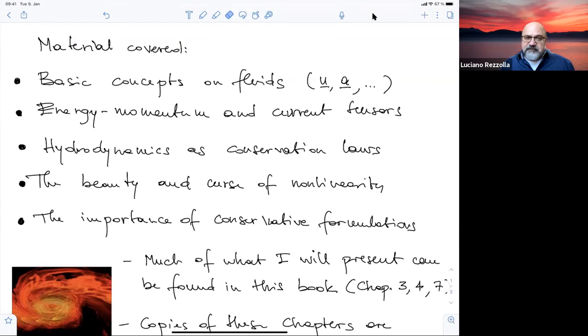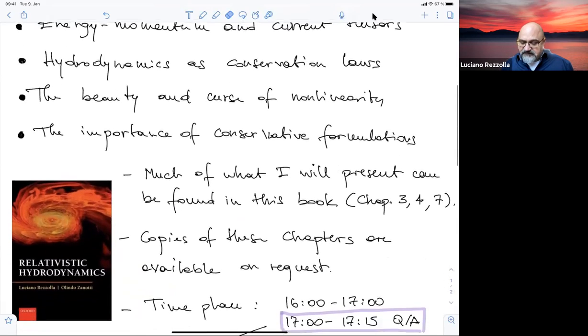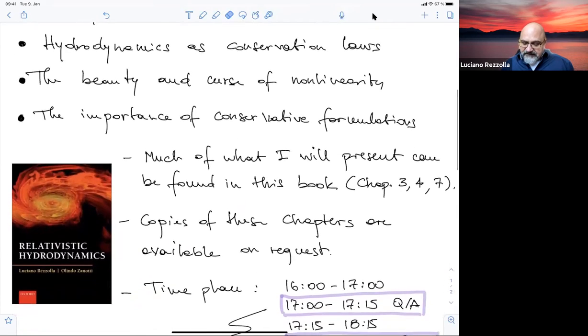Then we will go on to hydrodynamics as a series of conservation laws, and hit the wall of nonlinearity. That is, we will find out some of the importance, some of the beauty and the curse of having to do with nonlinear equations. And as a final part, I will talk about the importance of conservative formulations, which are the ones relevant to a numerical solution.